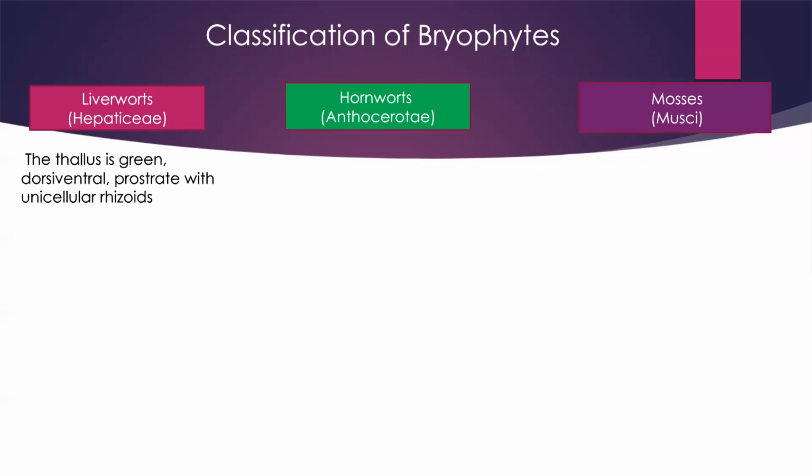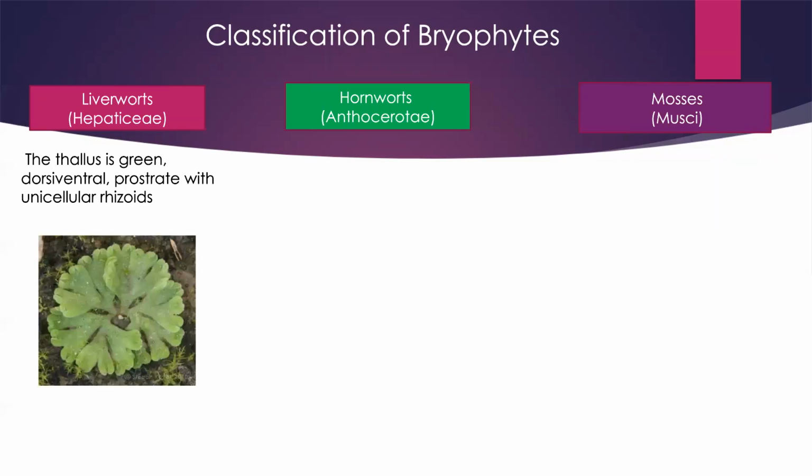In the case of liverworts, the thallus is green and dorsiventrally flattened. Okay, and it is prostrate with unicellular rhizoids. You can see the diagram. Examples of liverworts are Riccia and Marchantia. This is a diagram or a picture of Riccia.